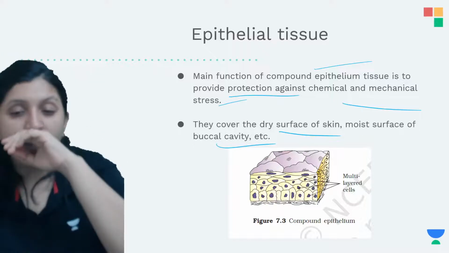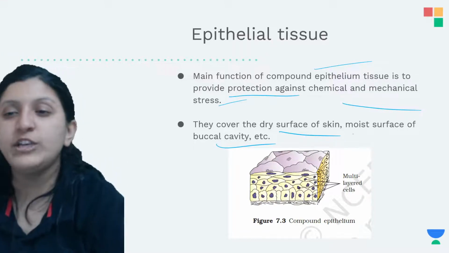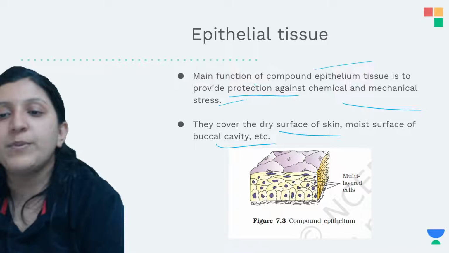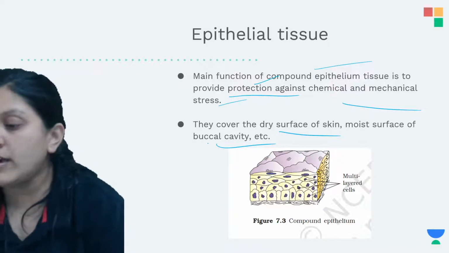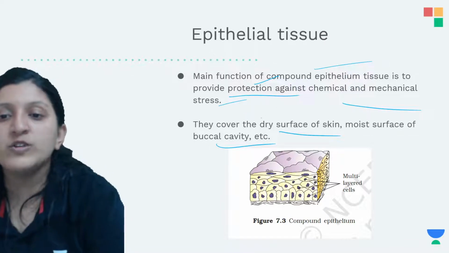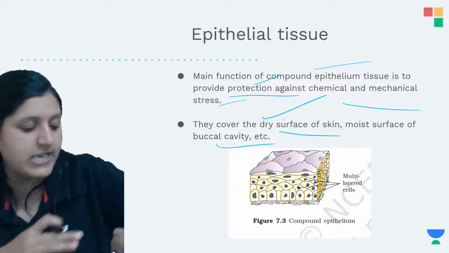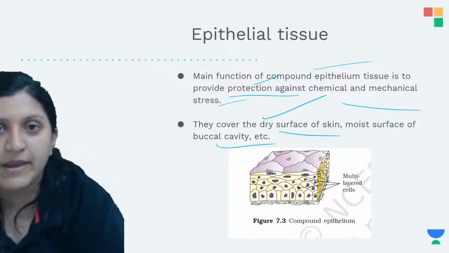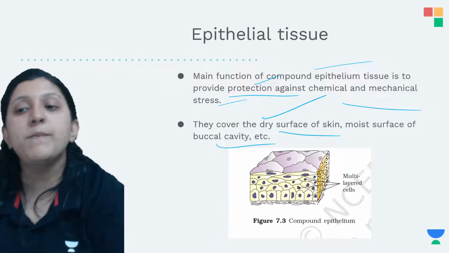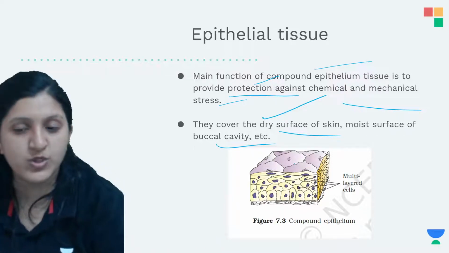The main function, providing protection, is done by the compound epithelium. The skin is completely covered by epithelial tissue itself, and the moist surface of the buccal cavity is also covered by this epithelium.